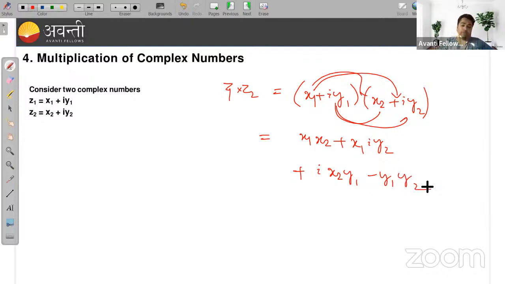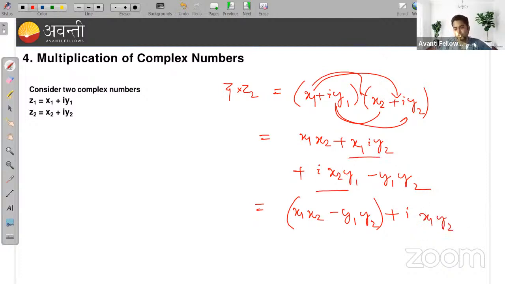So this is how we can multiply two complex numbers. We can also write this as x1 into x2 minus y1 into y2 plus, if I take i common from these two terms, then we have i times (x1 y2 plus x2 y1). Okay, so this is how we can multiply two complex numbers.